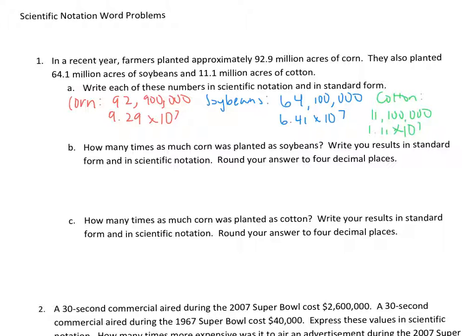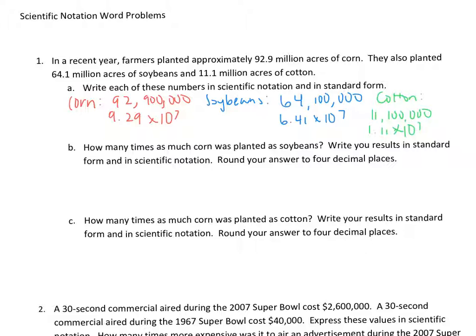Part B now asks how many times as much corn was planted as soybeans. Write your results in standard form and in scientific notation. Round your answer to 4 decimal places. So how many times as much corn was planted as soybeans means I need to take my corn and divide it by the soybeans.